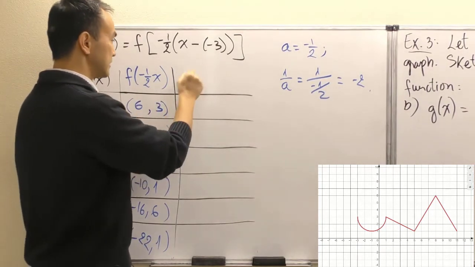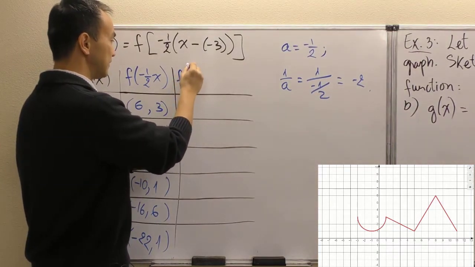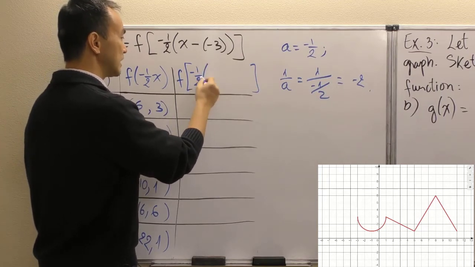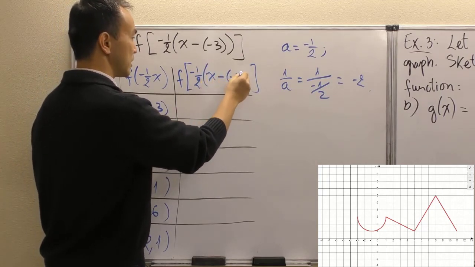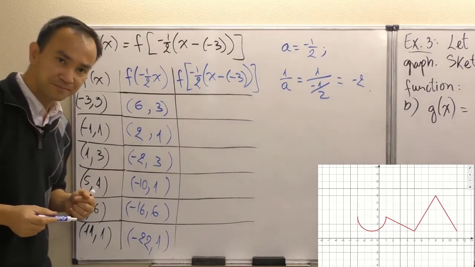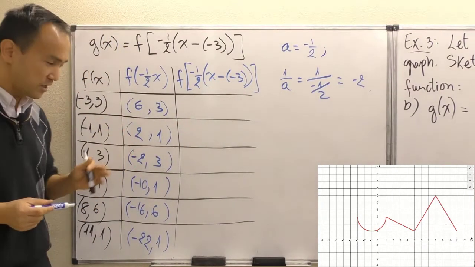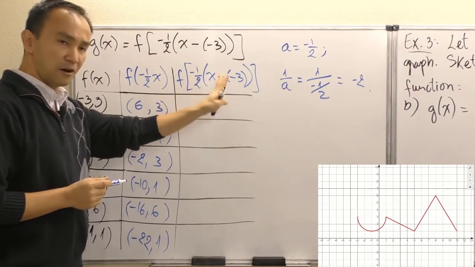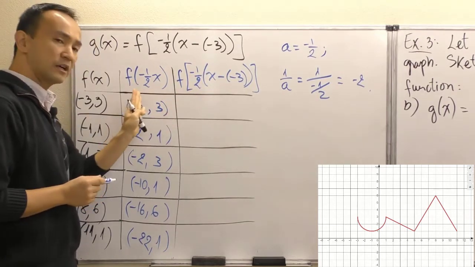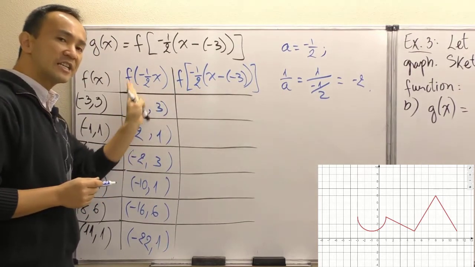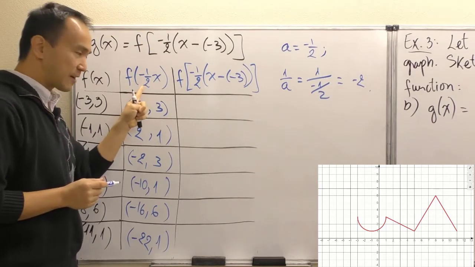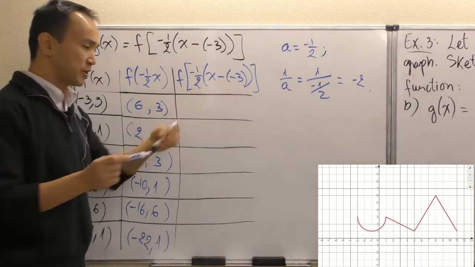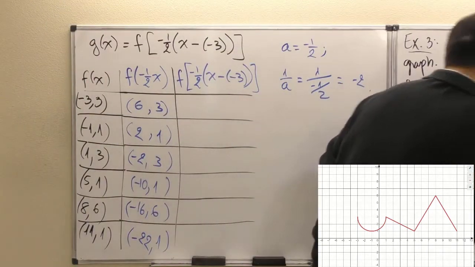So in my next column, I'm going to write f of, in brackets, -1/2 times, in parentheses, x minus -3, close parentheses. Now we're ready for that next step. All it is now is that we take all the points from the very preceding step, after the first transformation step, and we're going to add a -3. I'm going to underline this.